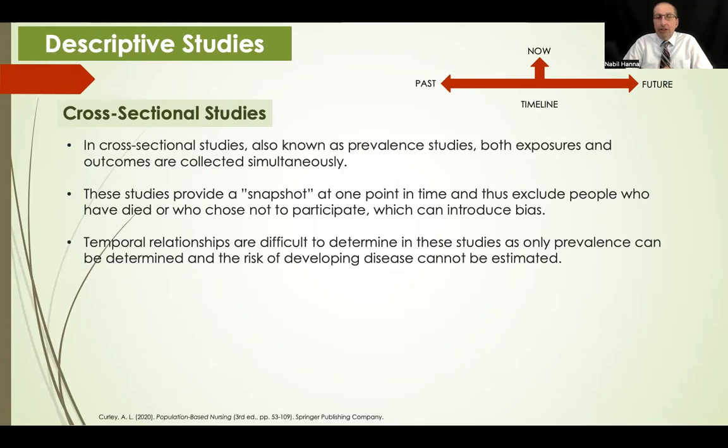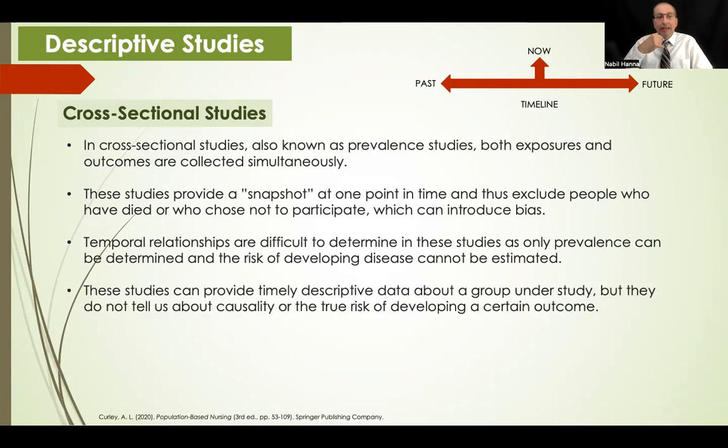Temporal relationships are difficult to determine in these studies, as only prevalence can be determined, and the risk of developing disease cannot be estimated. These studies can provide timely descriptive data about a group under study, but they do not tell us about causality or the true risk of developing a certain outcome.